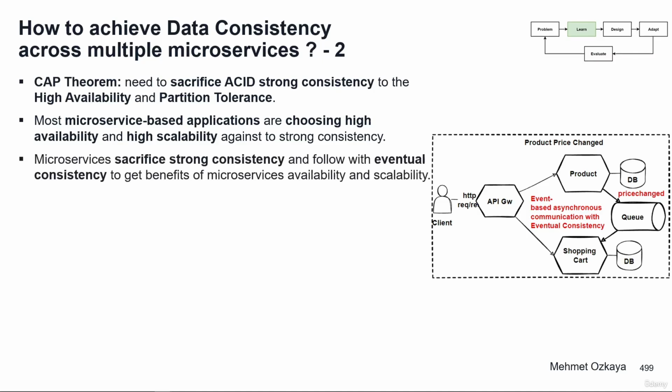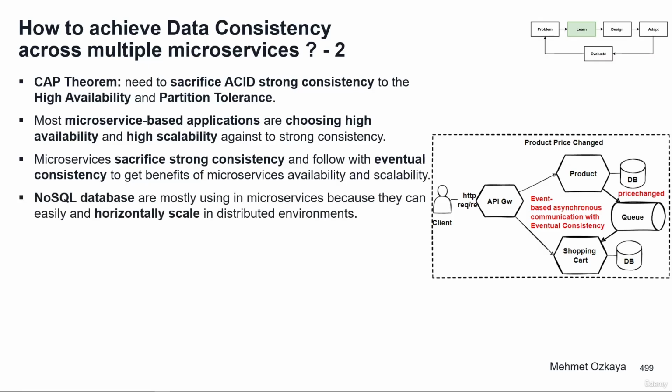But mostly in microservices, we sacrifice strong consistency and follow eventual consistency to get the benefits of microservices' availability and scalability features. For that reason, NoSQL databases are mostly used in microservices, because they can easily scale horizontally in distributed environments.